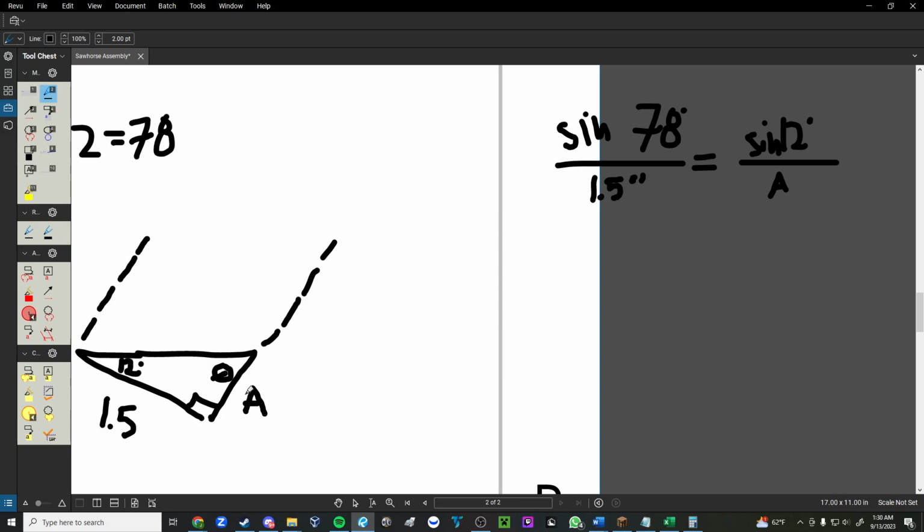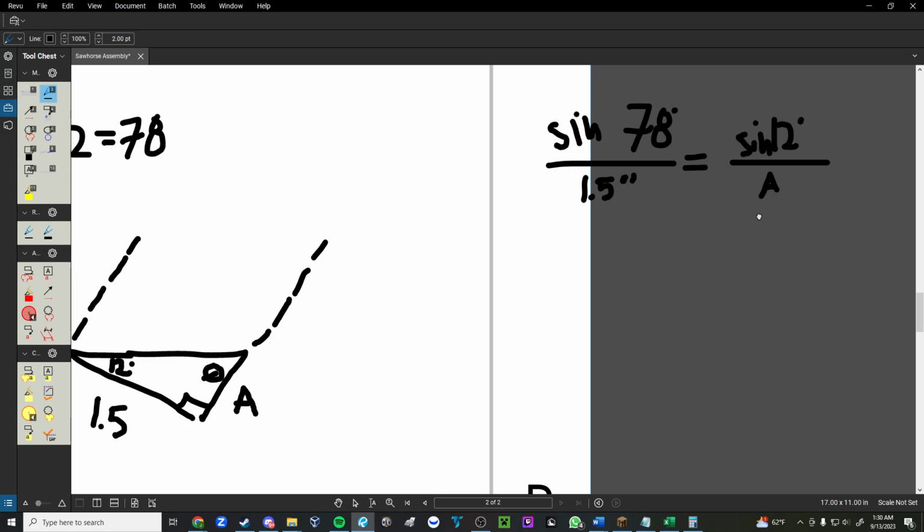So what we're doing here is 78, so we have theta here and 1.5. These are the matching information, and we have sine 12 and A. Those are matching. So we want to find A. Sine of 78 degrees over 1.5 equals sine of 12 degrees over A.